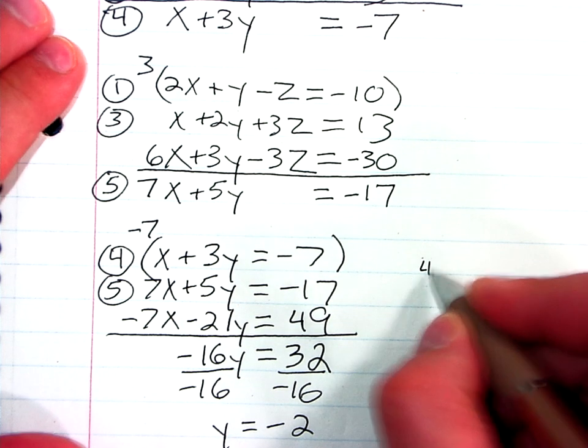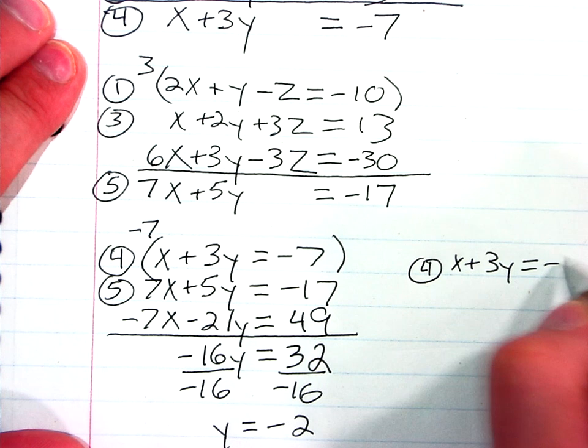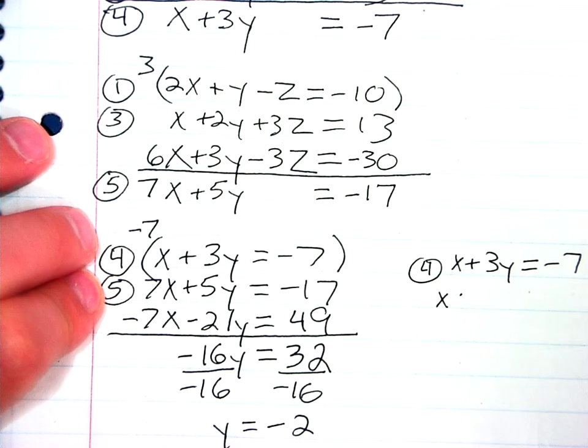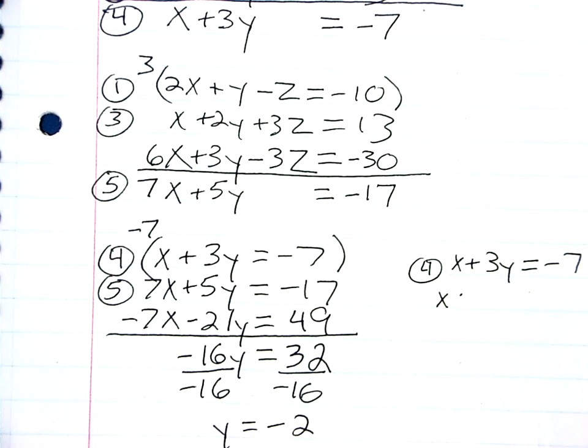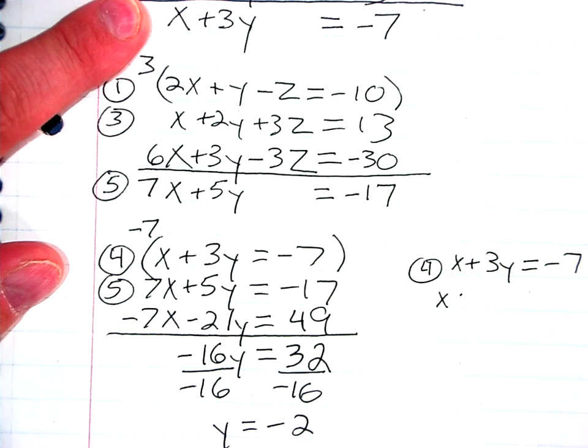So line 4 was x plus 3y equals -7. 4 was x plus 3y equals -7, yes?